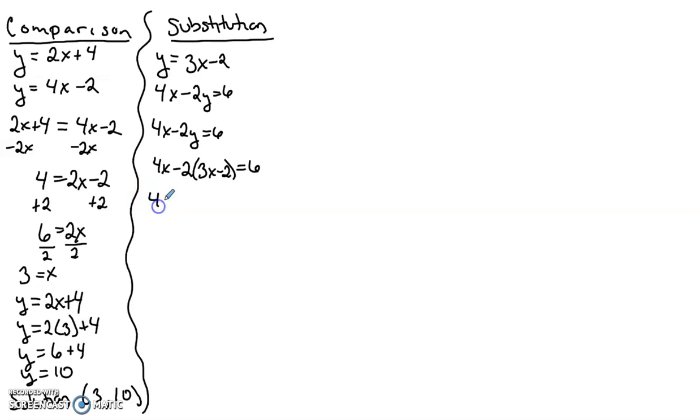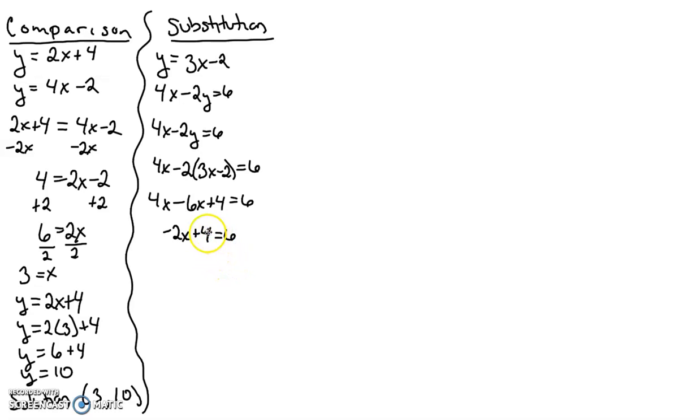So I can do 4x minus 2 times 3 is 6x. Negative 2 times a negative 2 is a plus 4. Then equals 6. And now I can think about combining my x terms. 4x minus 6x is a negative 2x. And we still have our plus 4 equals 6.